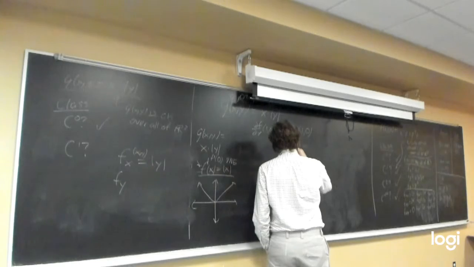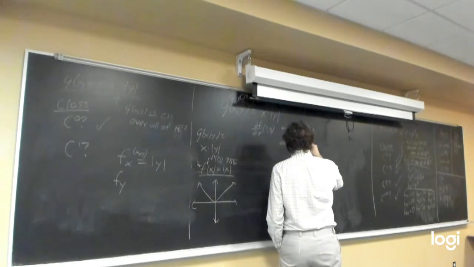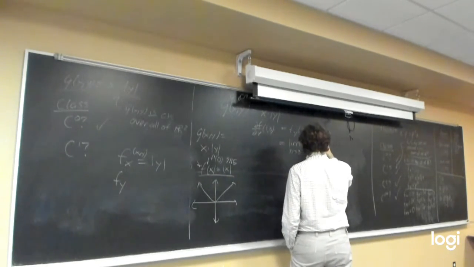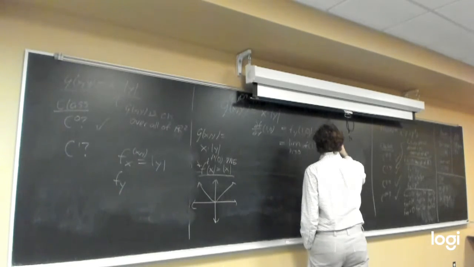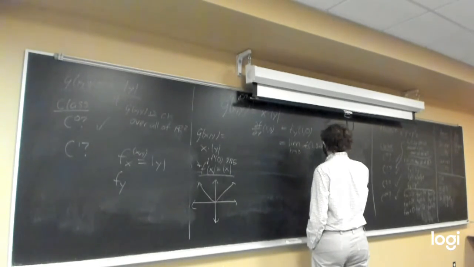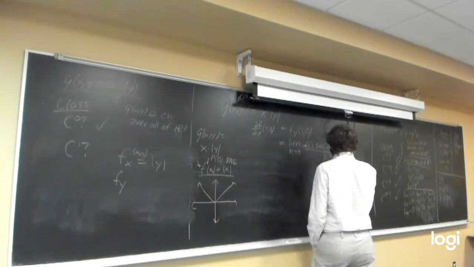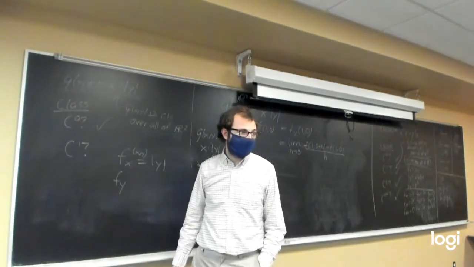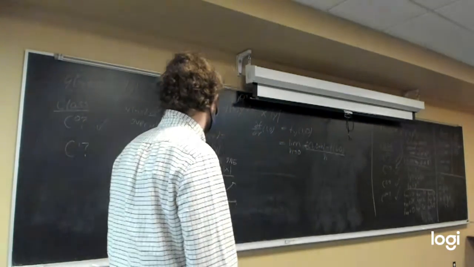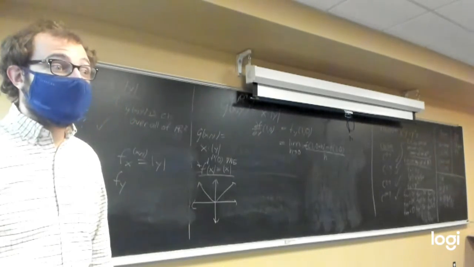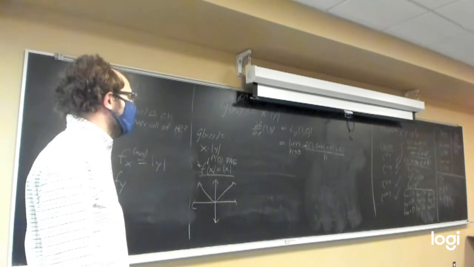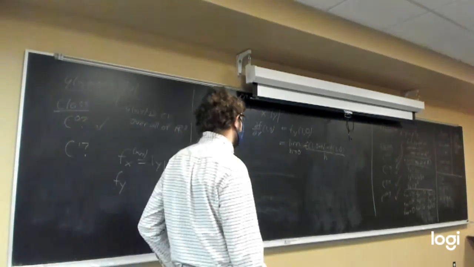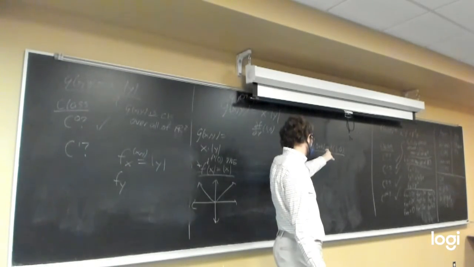We take a limit as h goes to 0 of f of 1, 0 plus h minus f of 1, 0, all over h. That's how we define the partial derivative with respect to y at a point: we take f of 1, 0 with an h added to the y coordinate, minus f of 1, 0.